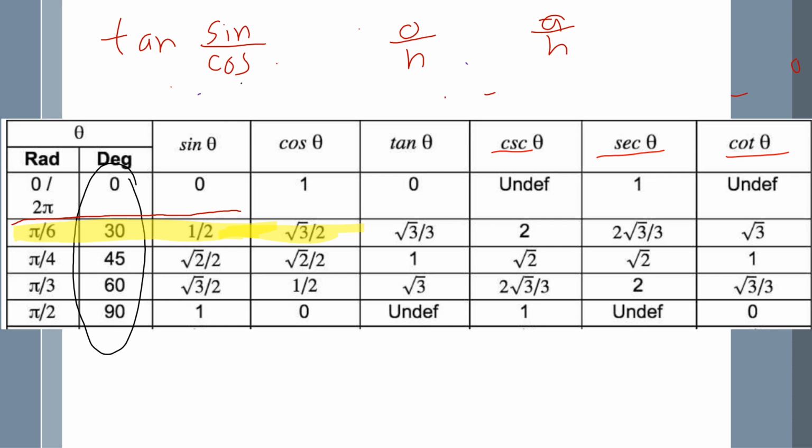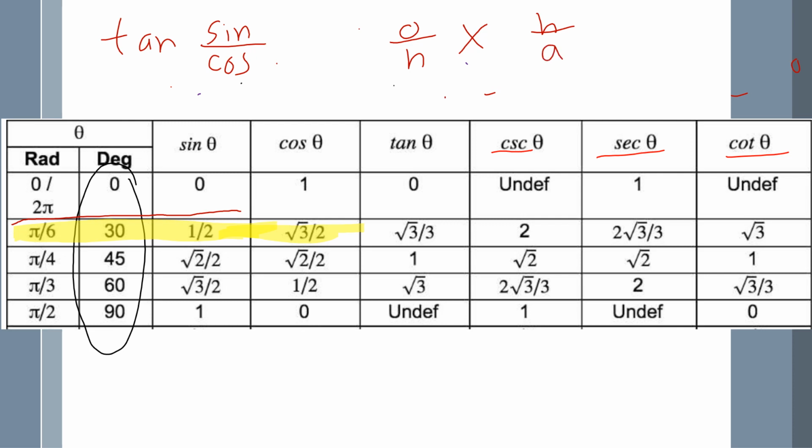So let's divide. If I'm dividing those two rational numbers, we keep opposite over the hypotenuse, multiply, and then flip. When we flip, it's hypotenuse over adjacent.